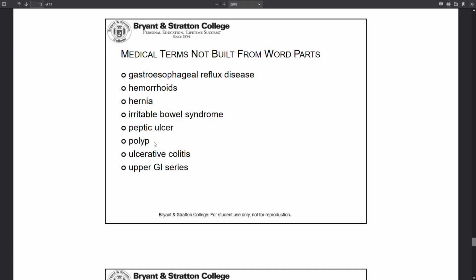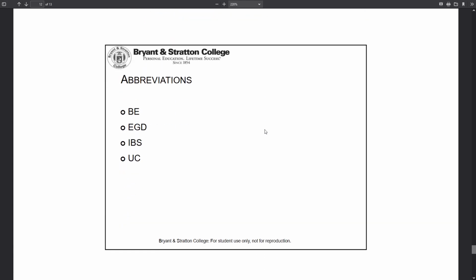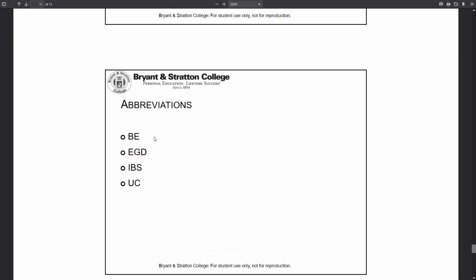Polyps, remember, are items that get removed. A colonoscopy. So looking at these, the IBS and UC.